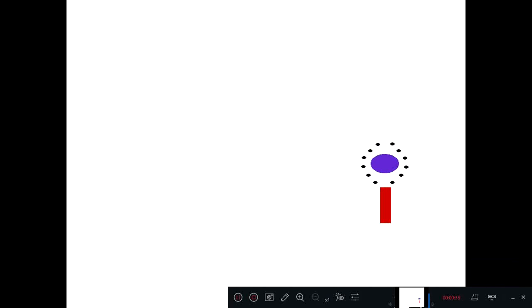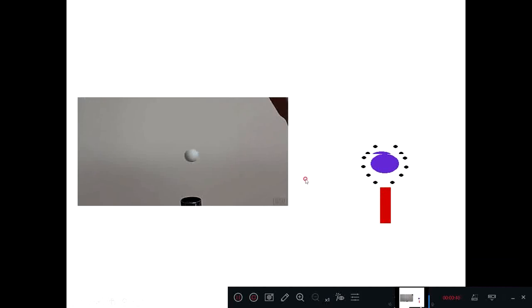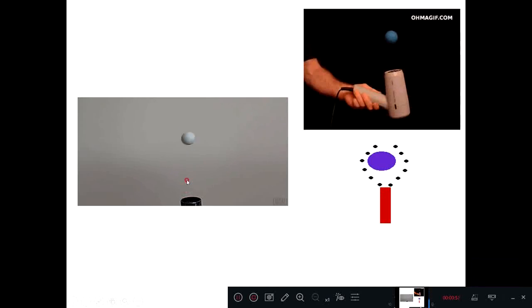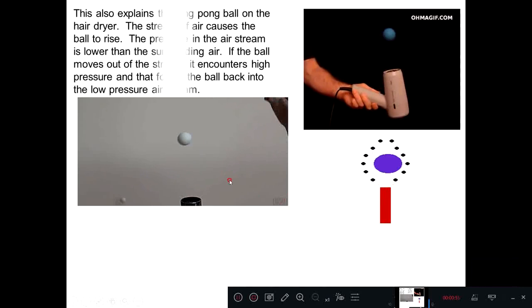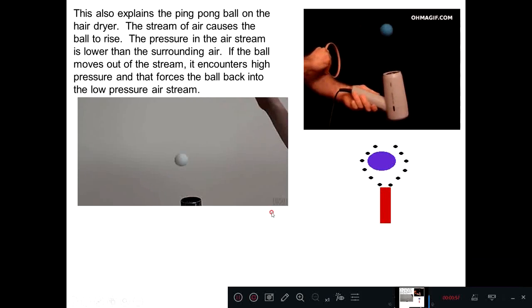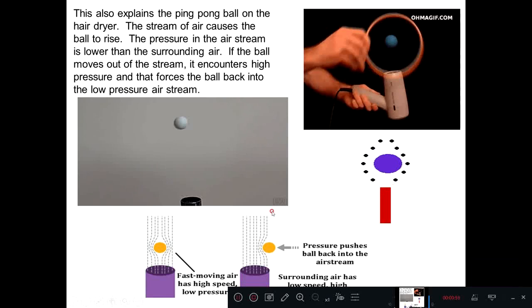We even discussed the ping pong ball, how it stands over a stream of liquid or a stream of air, when a stream of air is passing. These are the examples or applications we discussed in the previous session.